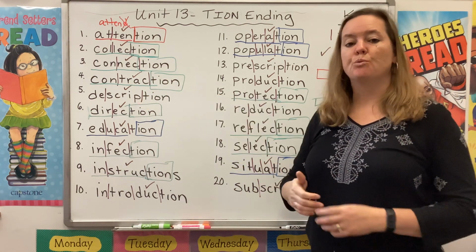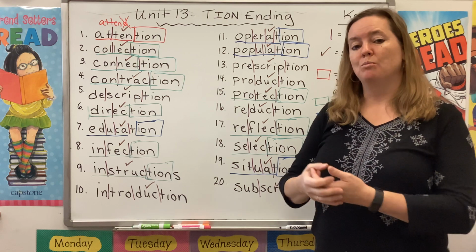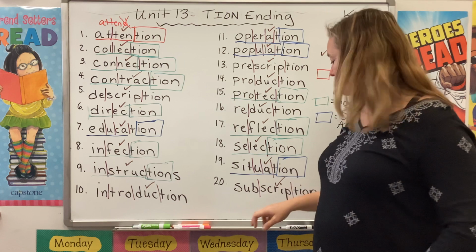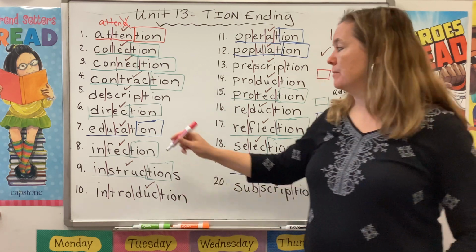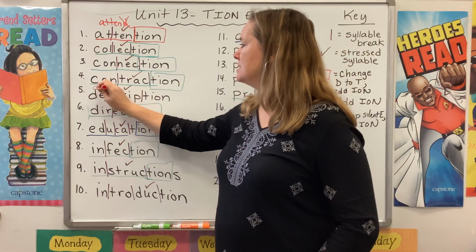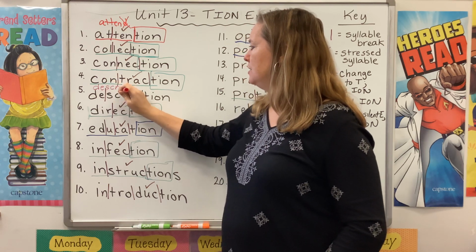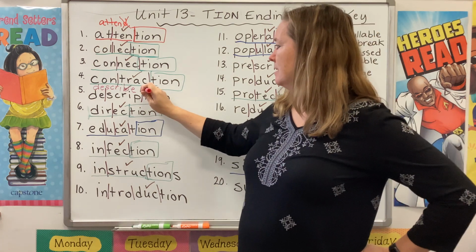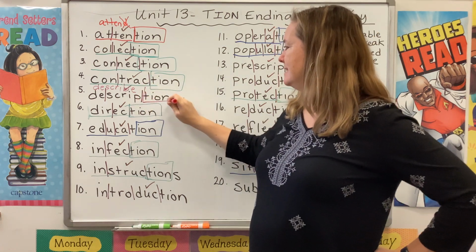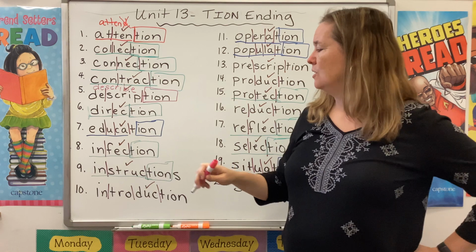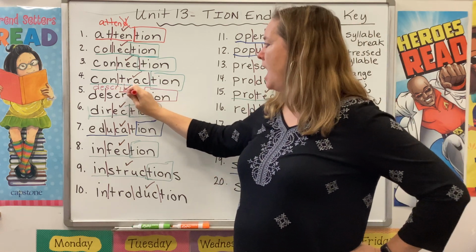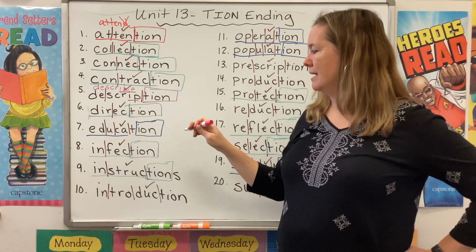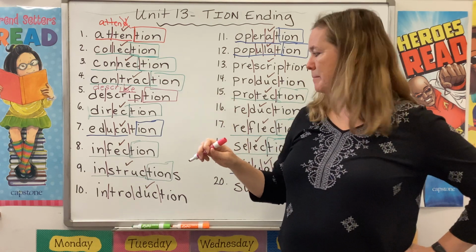The word is description. What is the verb? What is the action that goes with description? Yeah, it's describe, right? When you describe something, you provide description. So look what happens here. Before we can add T-I-O-N, we have to change the IB to IP. Describe becomes descript.